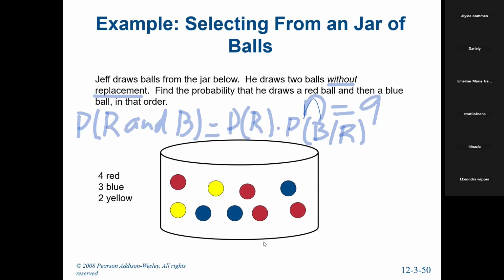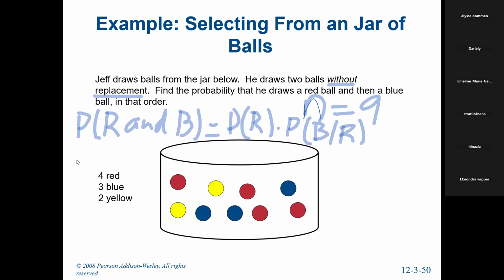Is that clear? He does not put the ball back. Are you with me? Yes. Because of this word, the 2 events are not independent. If you put the ball back, they are independent.